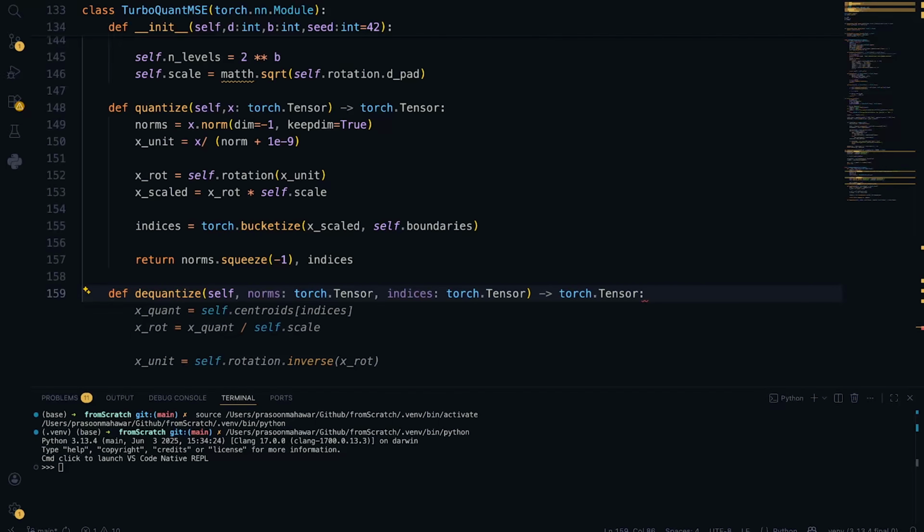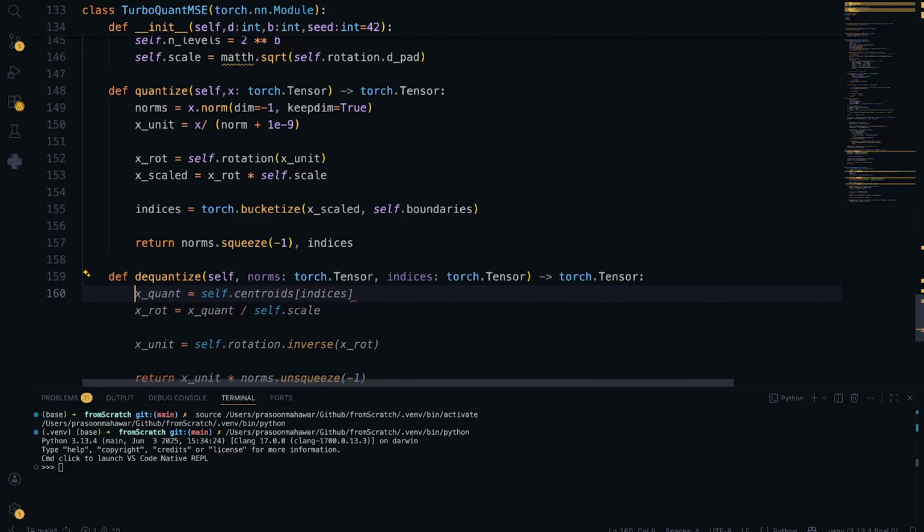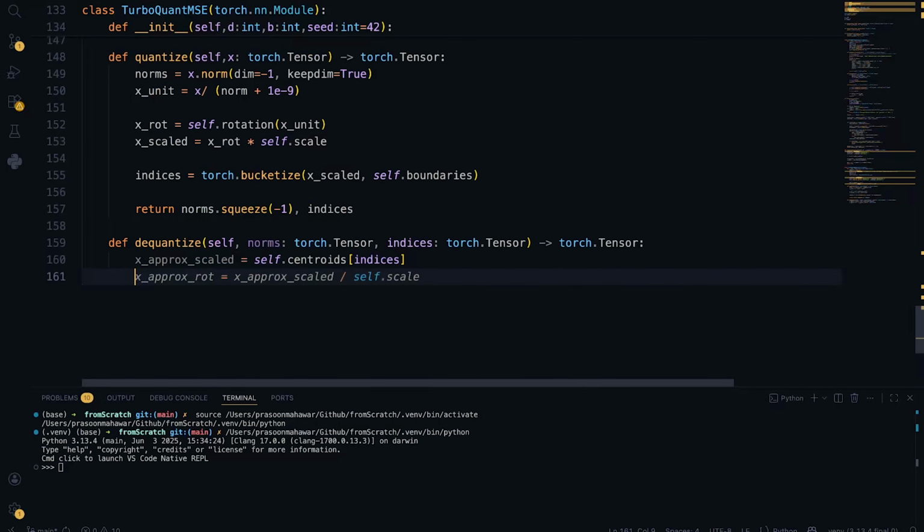And now, the last function of this class is dequantize. Sorry, not the last one, second last. Dequantize takes self, norms as torch tensors, indices, and returns a torch tensor. It will have x_approx_scaled equals self.centroids of indices, and to approximately undo the scaling, we divide by the scale.